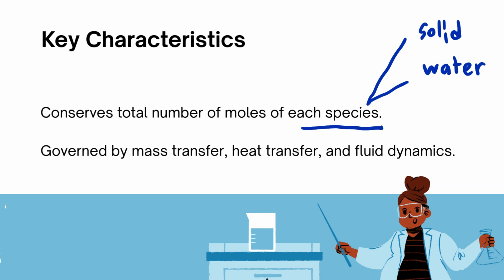So from this example of non-reactive system, the process actually conserves the total number of mole for each species, in this case, solid and water. It is only governed by mass transfer, heat transfer, and fluid dynamics.